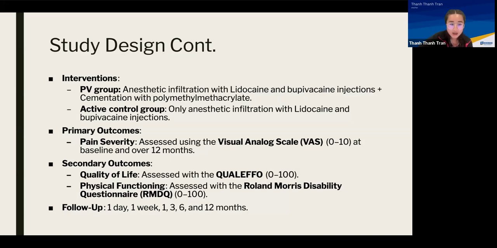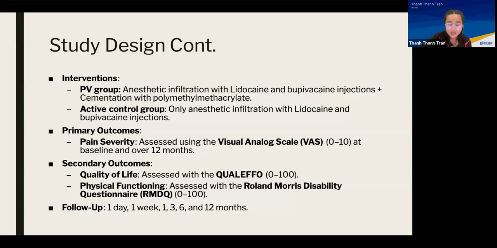As for the primary outcome, the primary objective of this study was to compare PV with the active control treated group to determine the difference in pain reduction based on the visual analog scale, which is VAS, at baseline and during the 12 months follow-up.